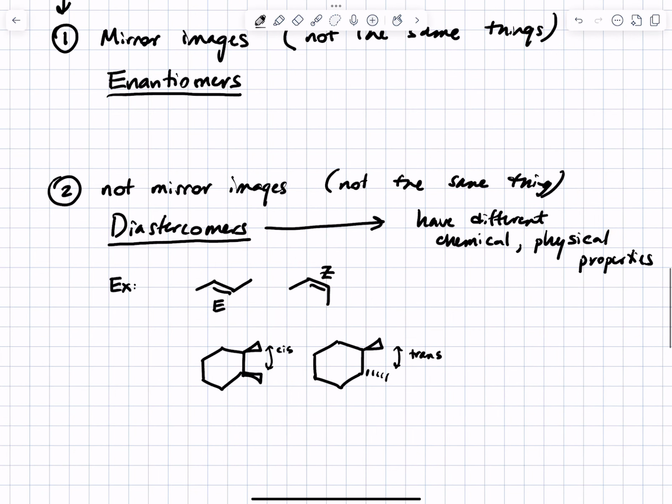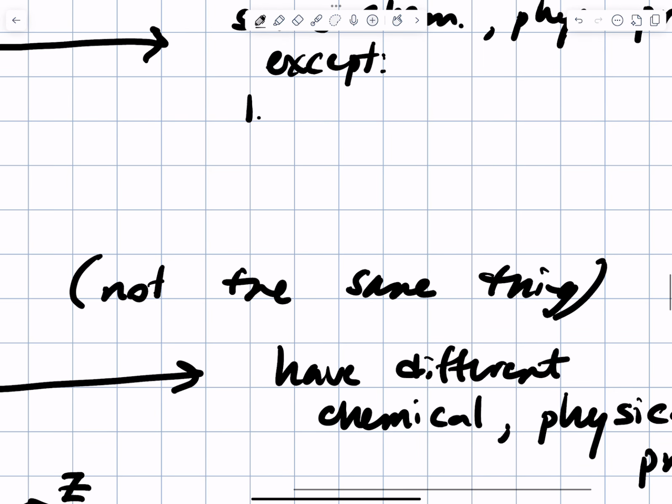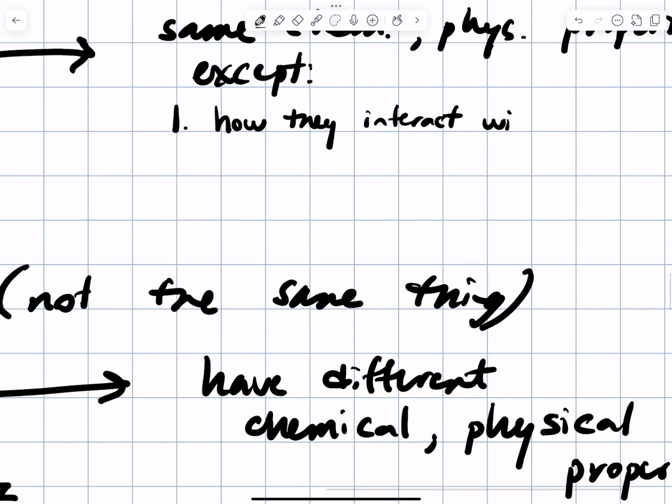In contrast, enantiomers are going to have the same chemical and physical properties, with two exceptions. And those two exceptions are, first, how they interact with light, and I'll talk more about that in a little bit.